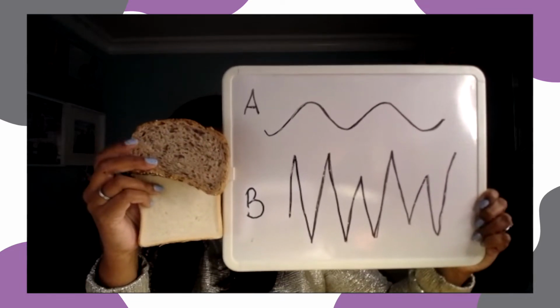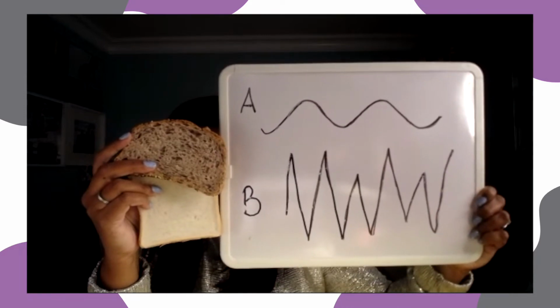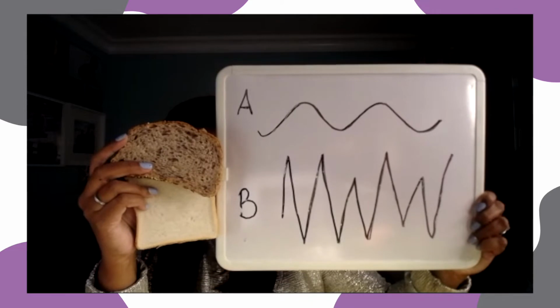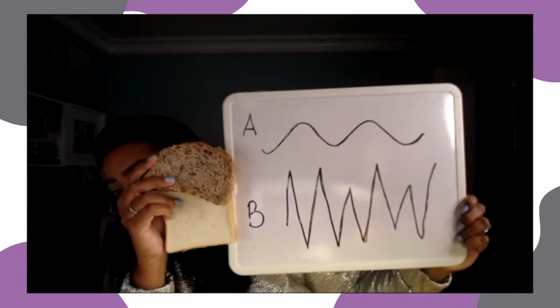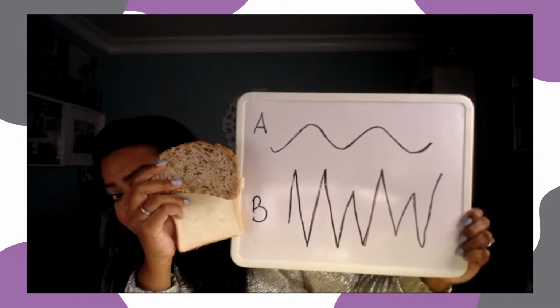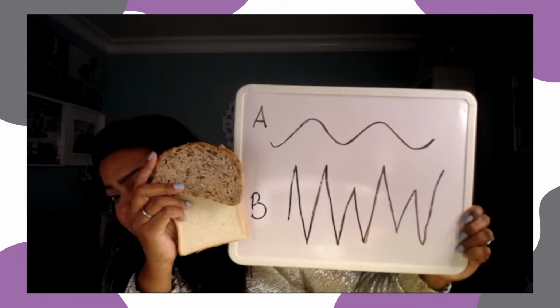Whereas the top bread, the fibrous bread, has a lot of ingredients in it that the body has to break down and work quite hard digestively to break it down. And so there's a slower release of glucose. Can I get some volunteer to tell me which curve, the A or the B, does the grainy bread represent?